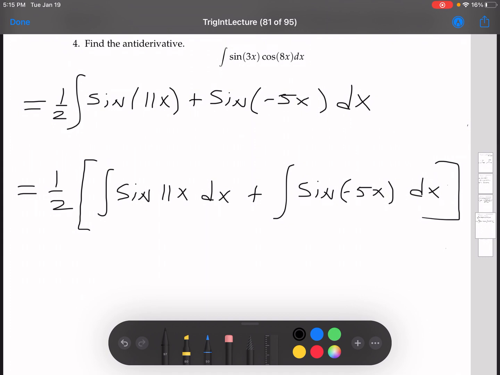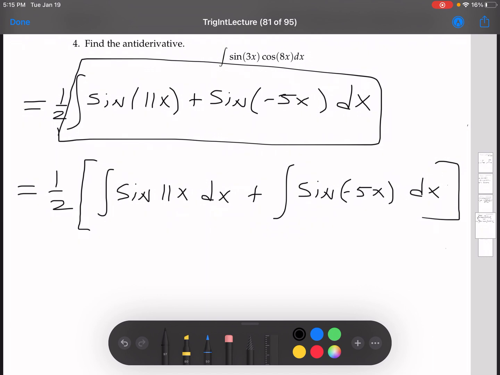See, this 1/2 was times this whole thing, so that's why I put the 1/2 in the brackets there. Now with this one, you could use a u substitution, u equals 11x, and for this one, u equals negative 5x, to solve this.